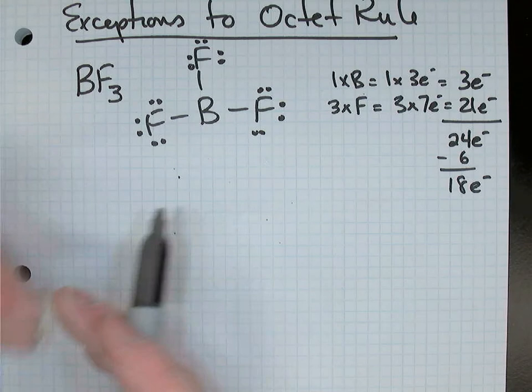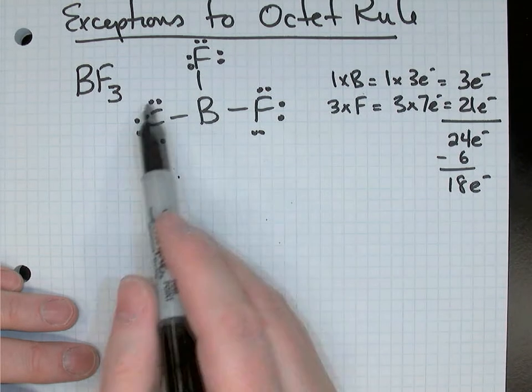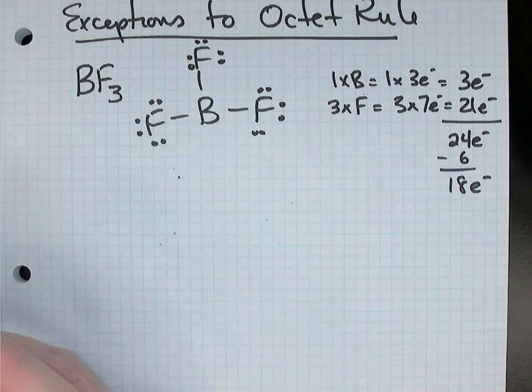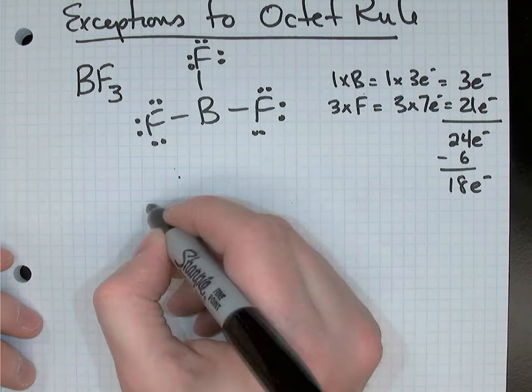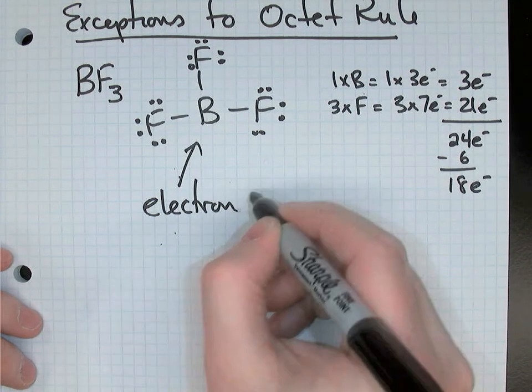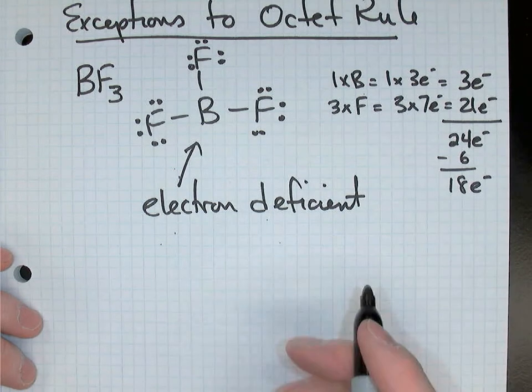BF3 is a highly reactive molecule, and the boron behaves as though it has only 6 valence electrons when you study it in the lab. So we say that the boron is electron deficient. Or another way to say it, it has a deficient octet.